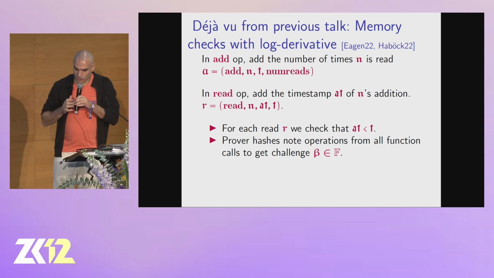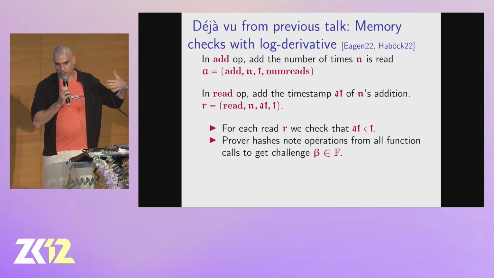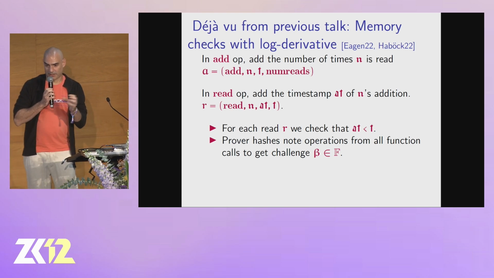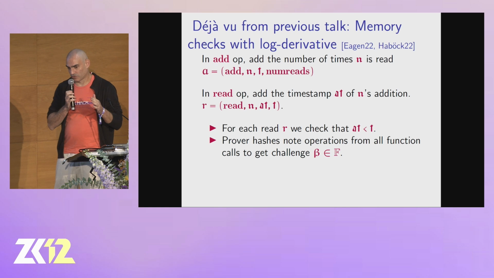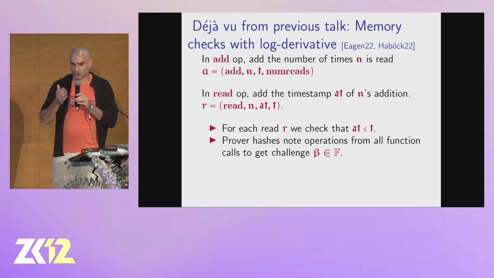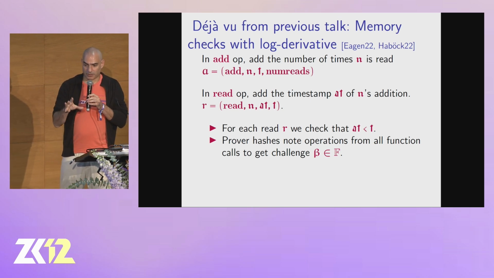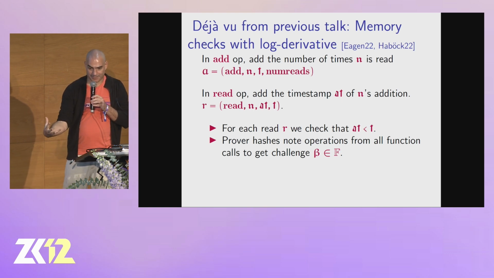And now we're going to use the fact that we're allowed more memory in the size of the global state. So the prover is going to store all the note operations from across the iterations, and it's going to hash them to get some challenge beta.